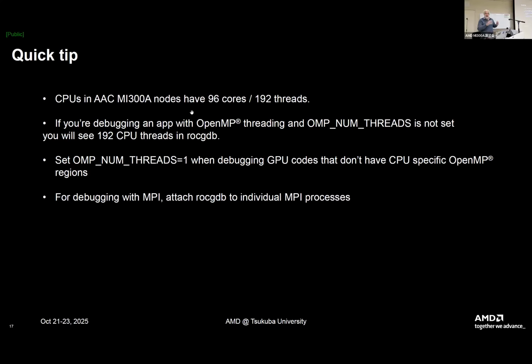So again, we continually have to try to reduce the information that we have to dig through. For MPI, we would put the ROCgdb command just before the program name, and you would debug each individual MPI rank.